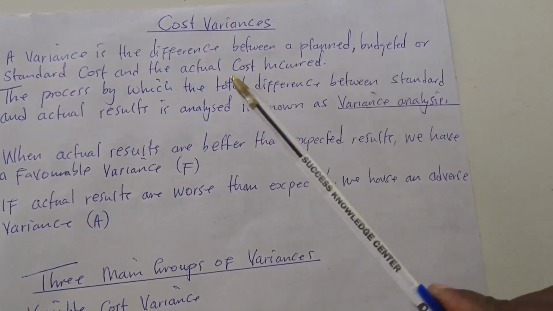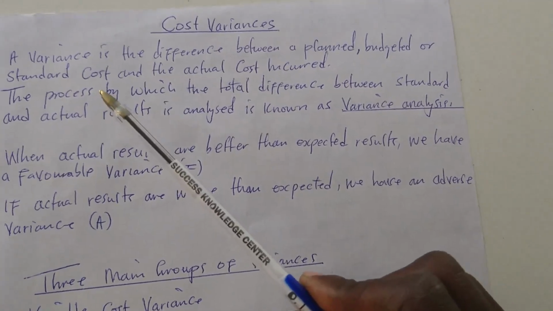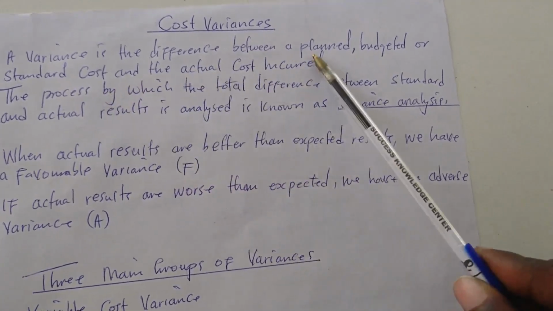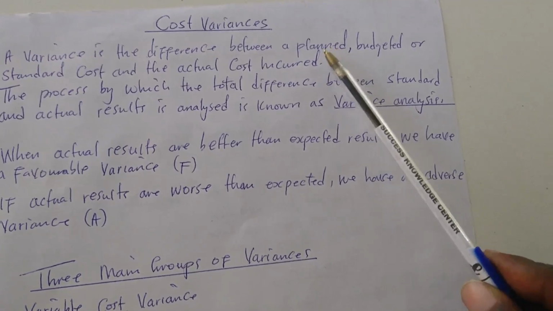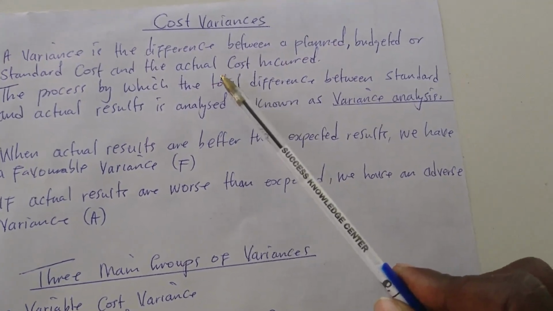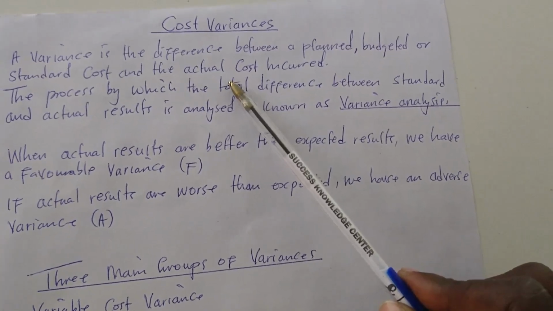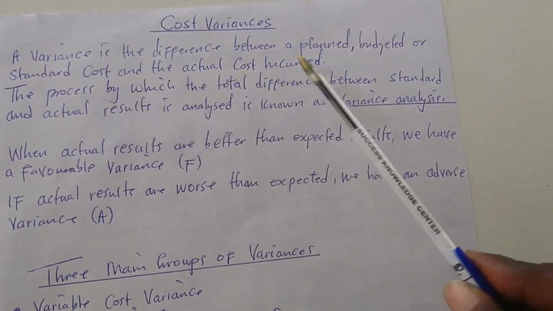But if the costs do not come out as standard, planned or budgeted, that's what we are calling the actual cost, because the actual cost would differ from the standard cost, from the planned budgeted cost.